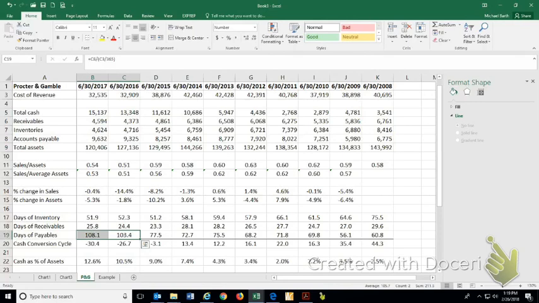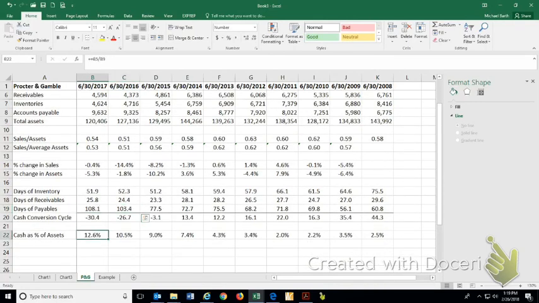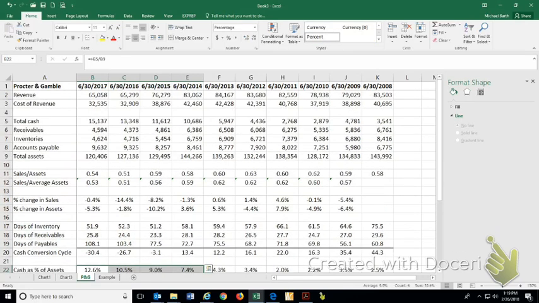A big change in your days of payable, that's a big change. A big change in the percent of assets held in cash, that's a big change. I do want to point out the sales over assets and sales over total assets.